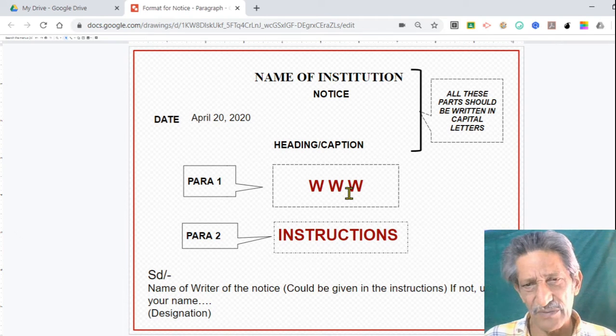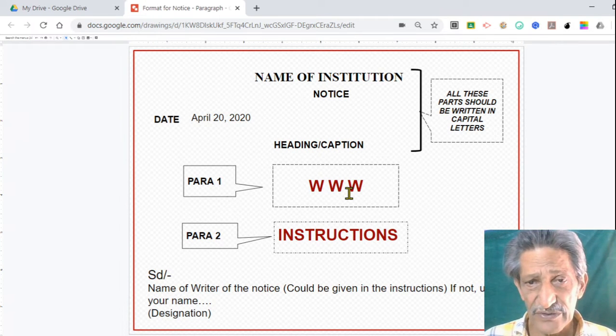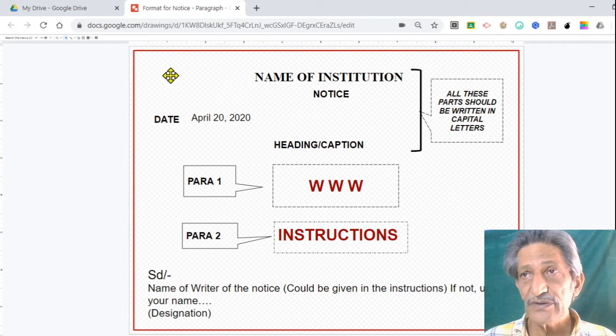The instructions are maybe advice, maybe some extra information that you would like to give, etc. Please ensure you use short language and to the point. And how to write: when you start writing this notice, you first draw the top box and the side lines, extended just up to maybe just above the date.